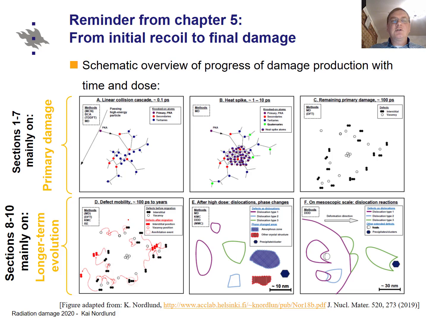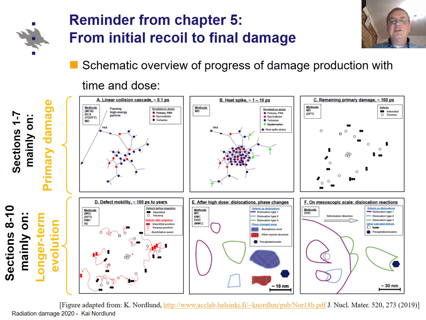In this section 8, we are discussing defect mobility and also partly high dose effects, what happens when damage is overlapping. And then in the next section, we are discussing dislocations, which are in metals the key outcome of irradiation and also sometimes important in semiconductors and ionic materials.